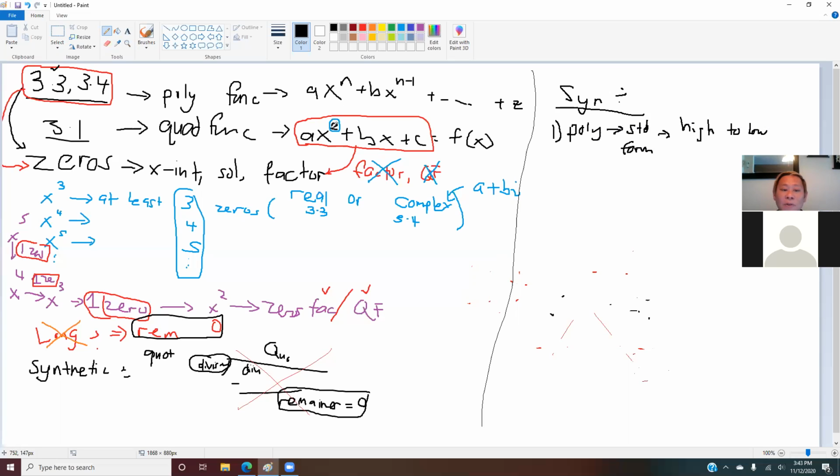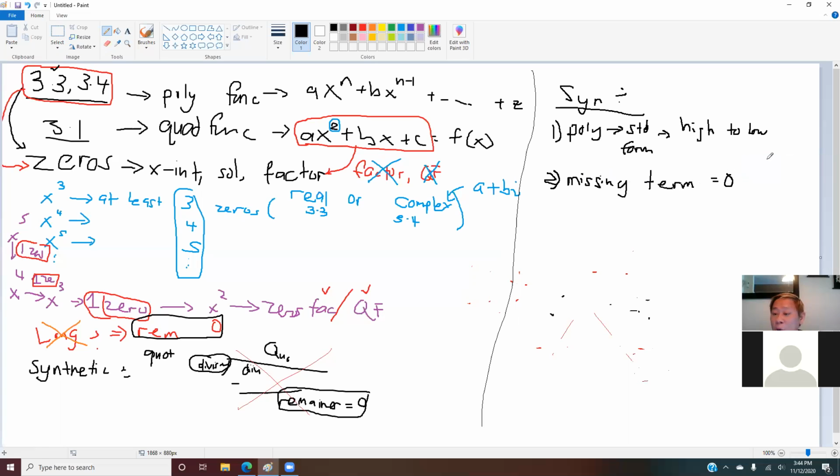So that means you have power 3, then power 2, then power 1, and then a constant term. If it's not arranged, your synthetic division is wrong. Second, if there is a missing term, you have to slot in the 0 as a placeholder.